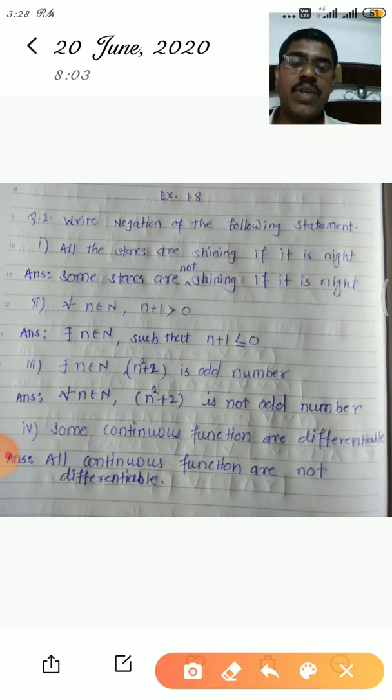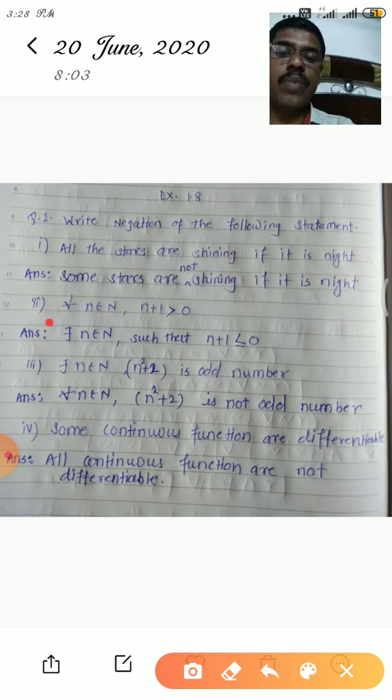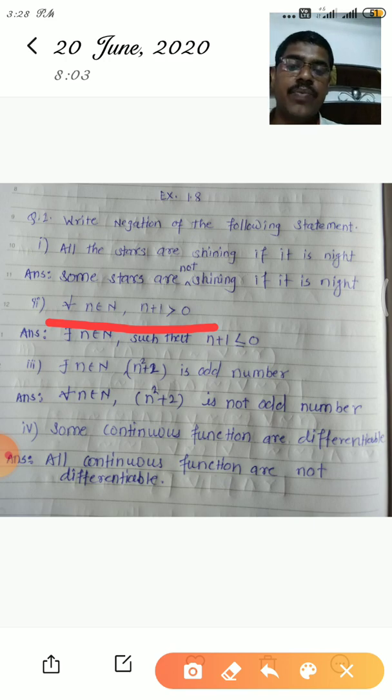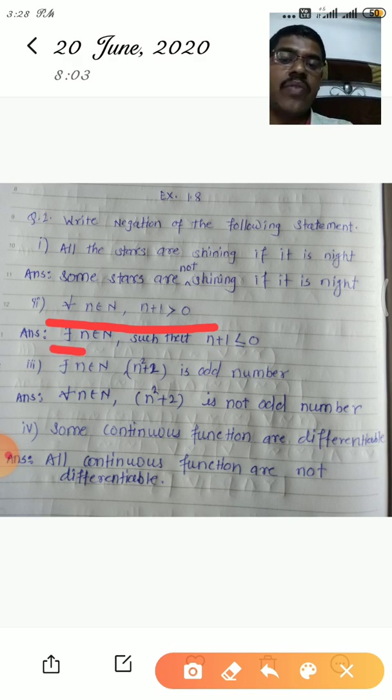Next, the second example, given in symbolic form: for all n belongs to N, n plus 1 is greater than 0. You know that if the statement is given in symbolic form, we convert "for all" into "there exists", and the inequality greater than into less than or equal to 0. That means the negation is: there exists n belongs to N such that n plus 1 is less than or equal to 0.